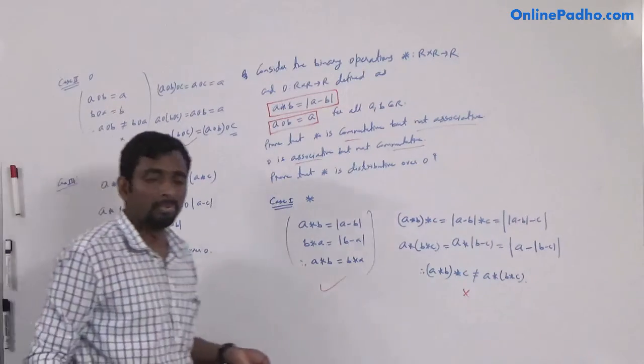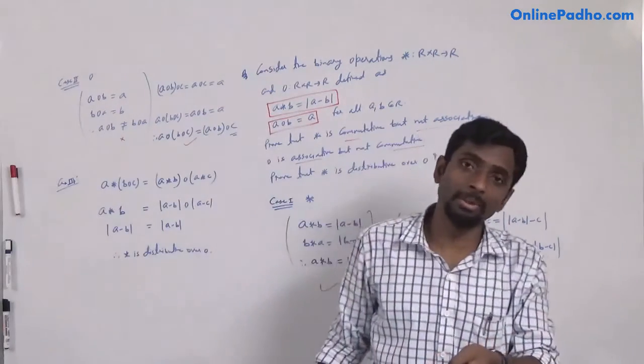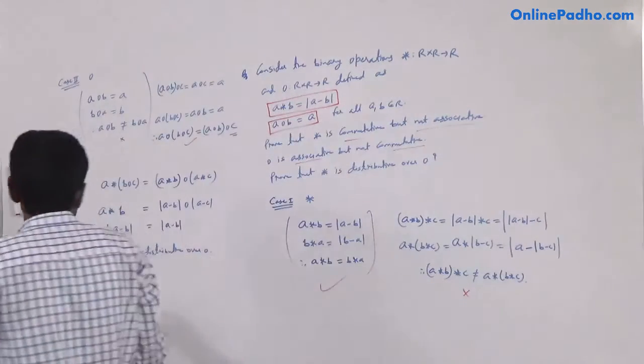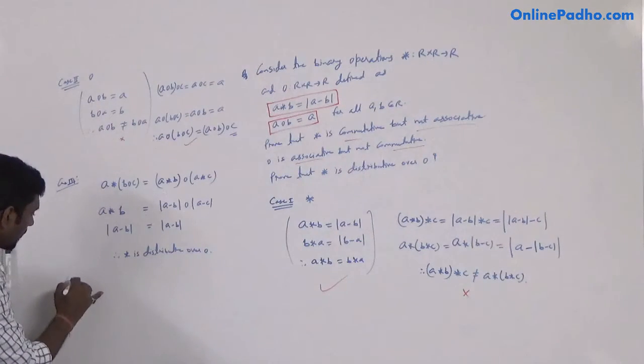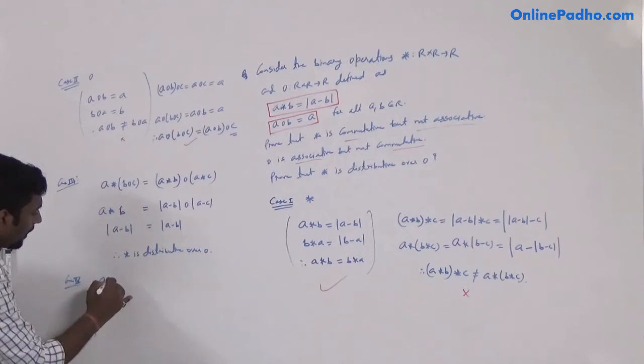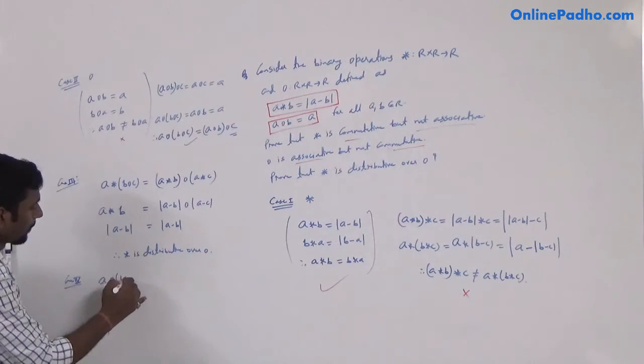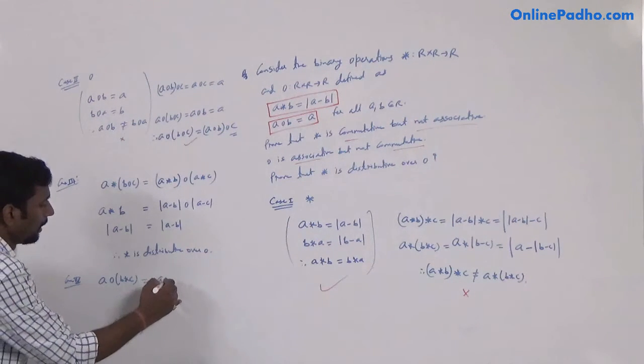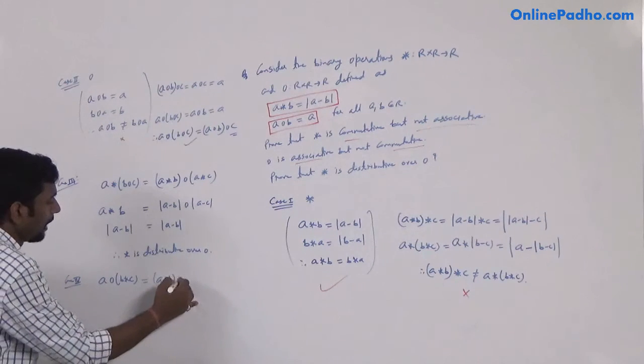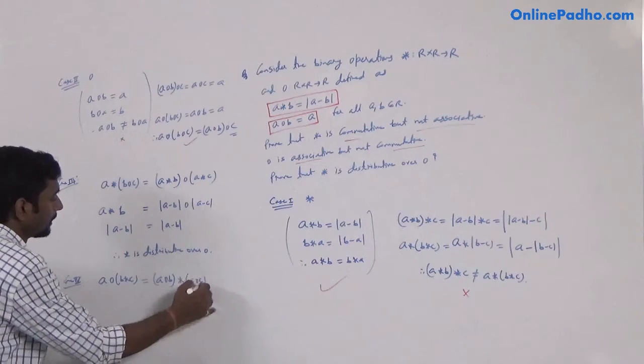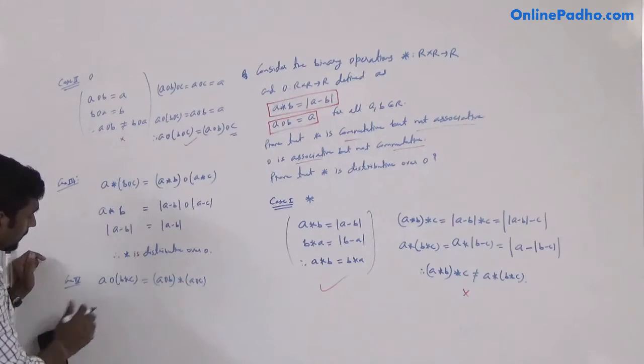The fourth part is: not is distributive over star. Not is distributive over star, fourth case. So we have to find A naught B star C equal to A naught B star A naught C. Are both sides equal? Let us see.